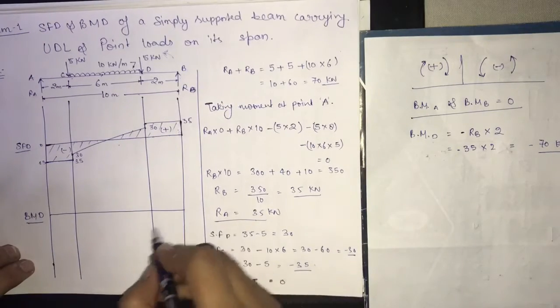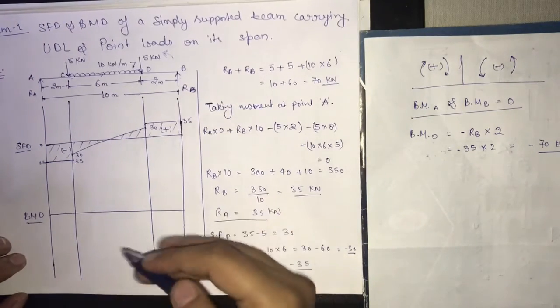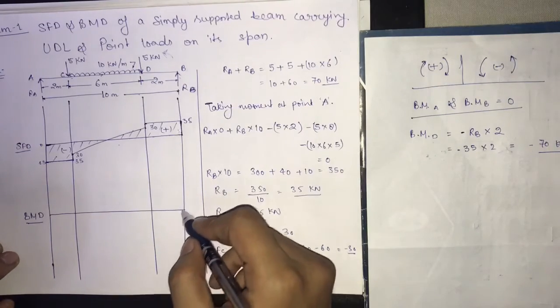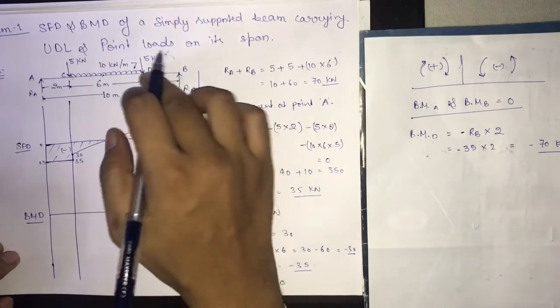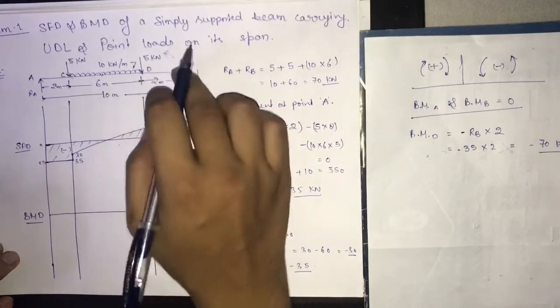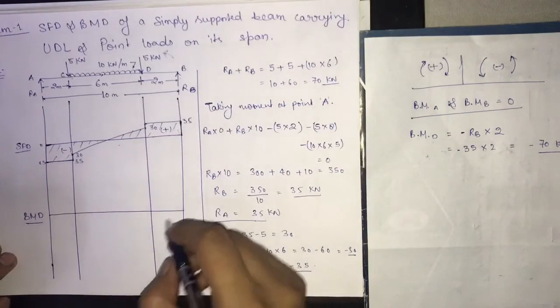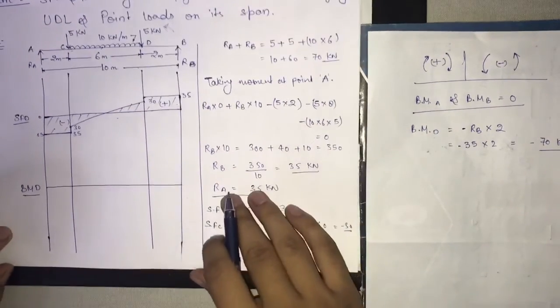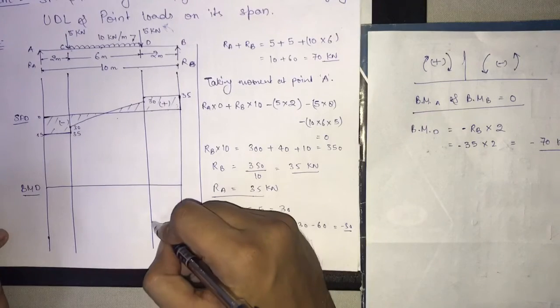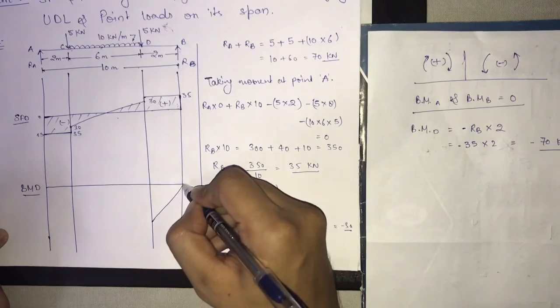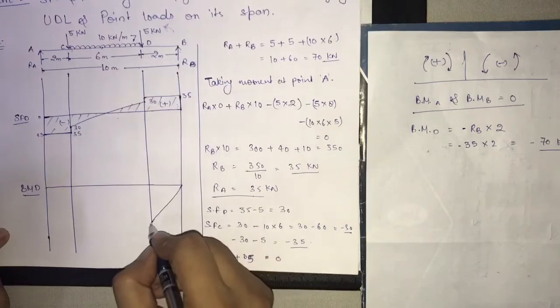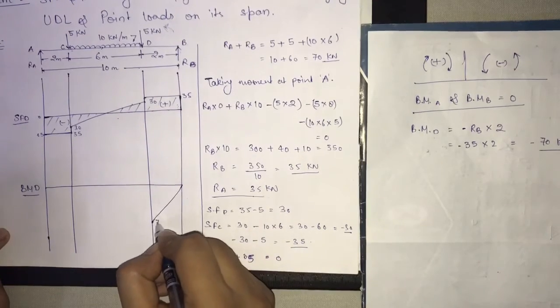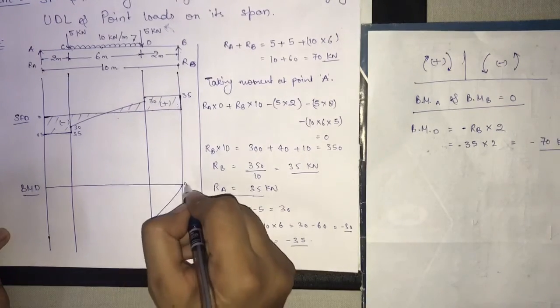So it will go below the reference line, and linearly, because there is no force between this point and this point, and this is a point load. So it will go downwards by 70, like this.